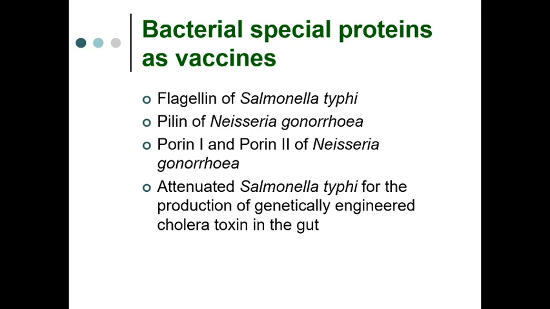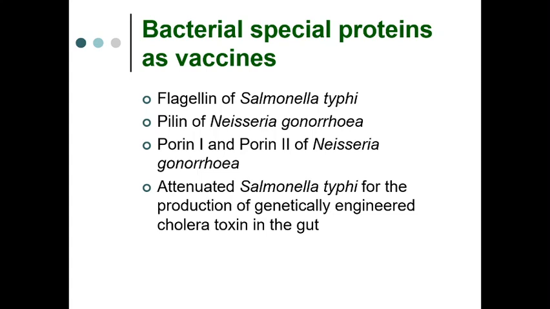So the plasmid carrying the genetically engineered cholera toxin gene is introduced into the attenuated Salmonella typhi, and it is orally administered. Salmonella typhi colonizes the intestinal tract naturally. Since it is attenuated, it cannot cause the disease.